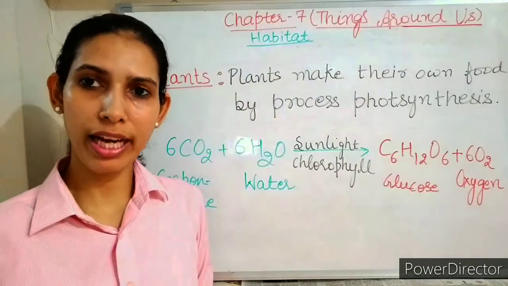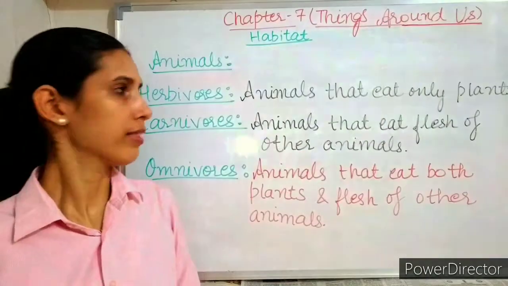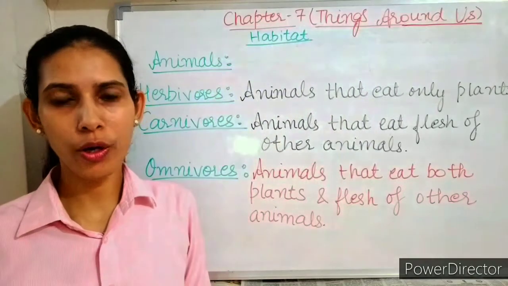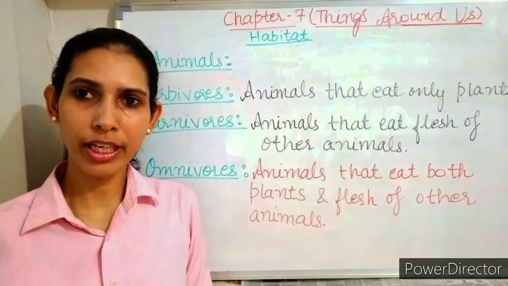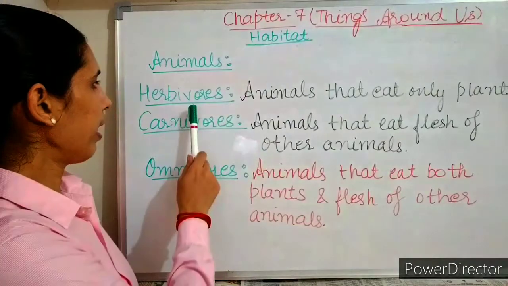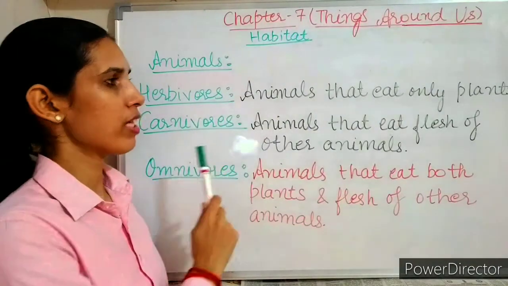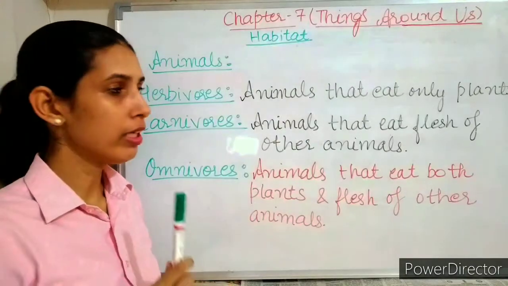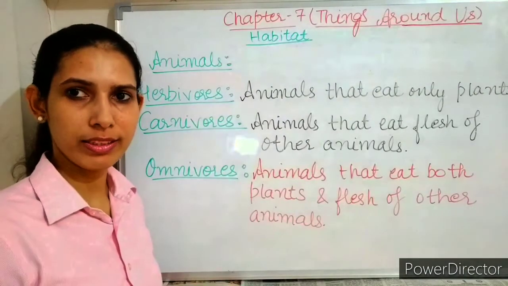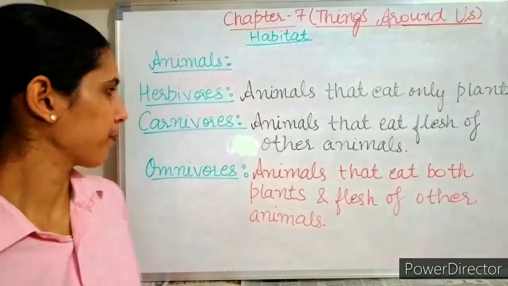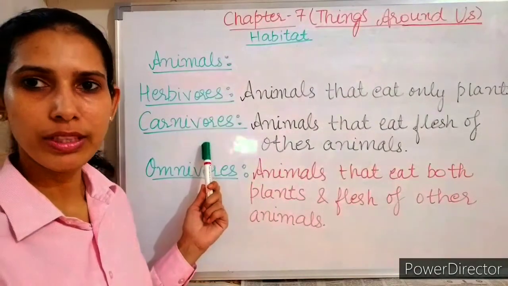Now we will study about the animals. Animals depend on plants or on other animals for nutrition. First we will see herbivores. Herbivores are the animals that eat only plants or plant products. For example, cow, buffalo, deer, rabbit, etc. Next is carnivores.